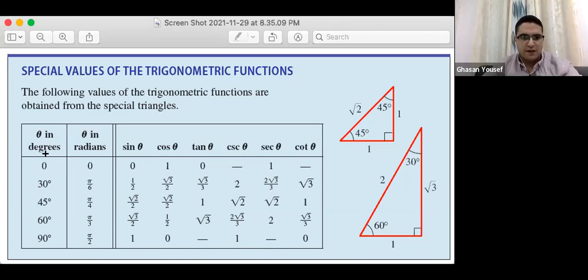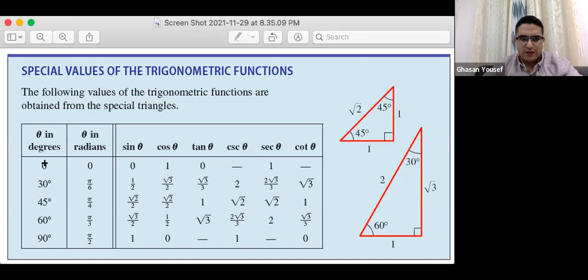So this column is in degrees, and this column is in radians. As we learned last time, how can we convert degrees to radians?